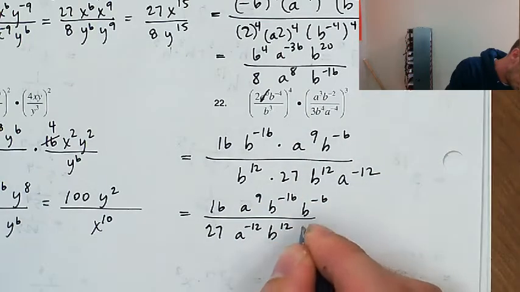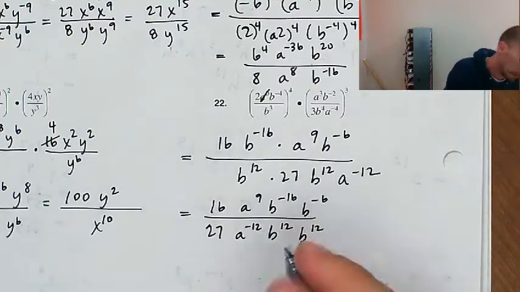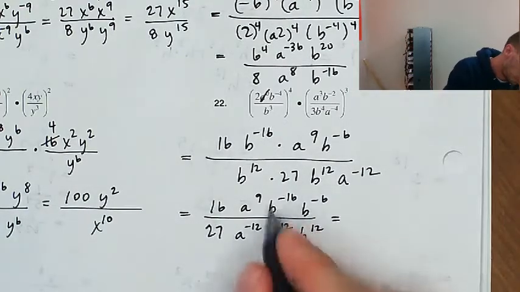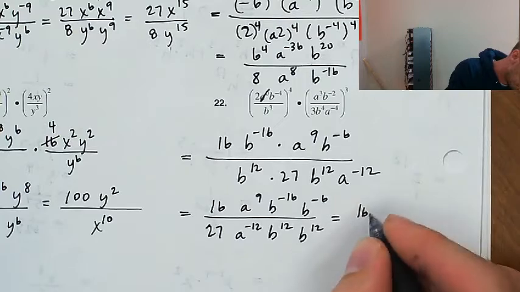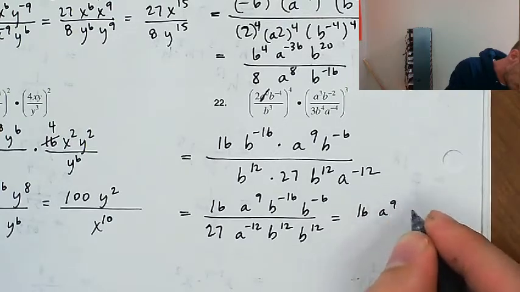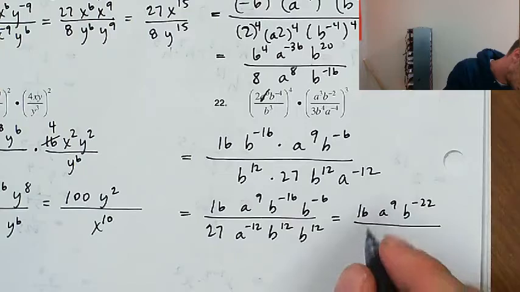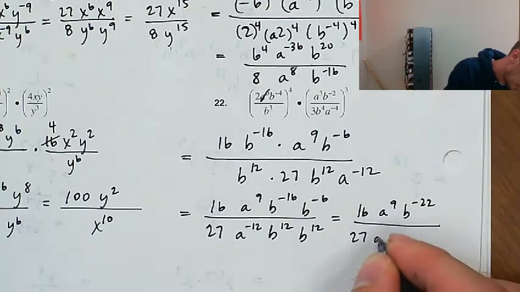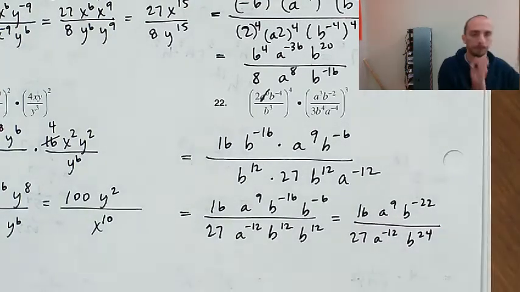That was not like a copying error or anything. So I'm going to combine these B's and those B's. Okay, A to the 9. B to the negative 22 divided by 27, a to the negative 12, b to the 24.